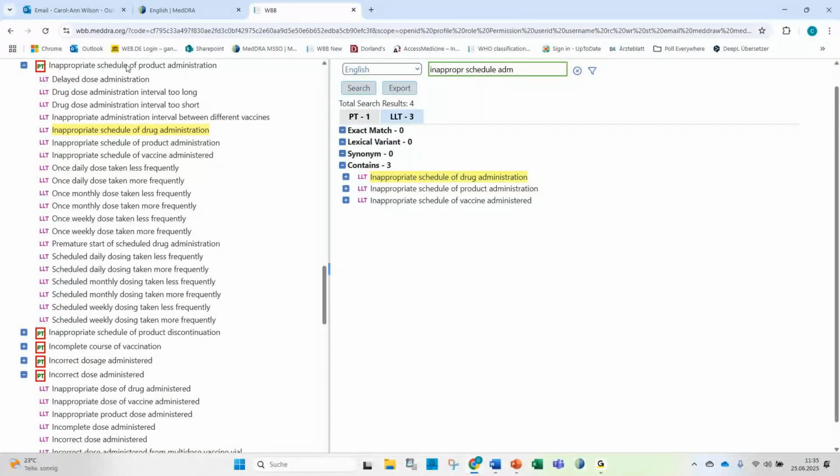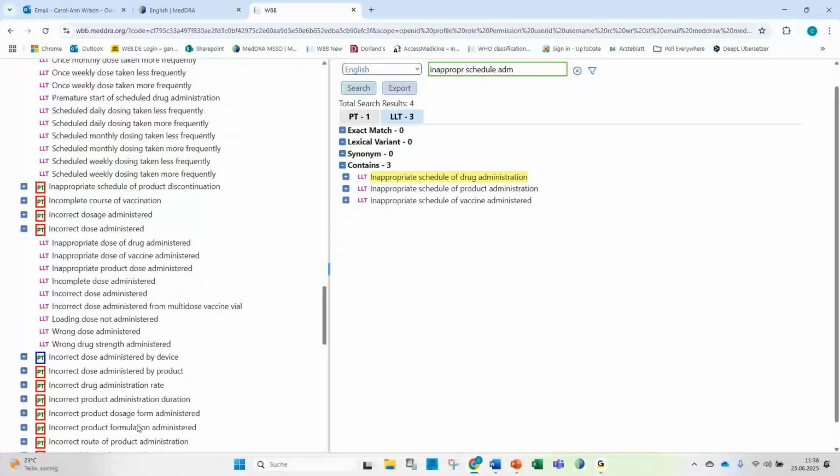So scheduled daily dosing taken more frequently would be the correct assignment here. Or once daily dose taken more frequently. Here, once daily dose taken more frequently, even more specific. This would be the best term to choose from. Increased dose administered was another option.